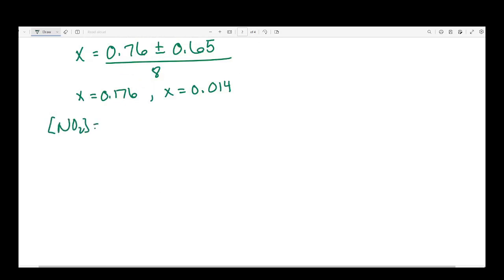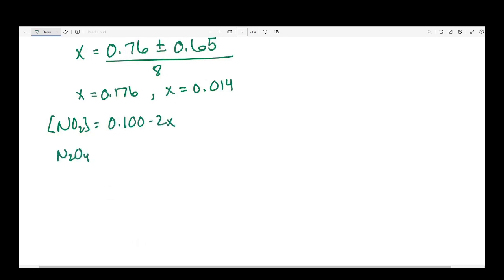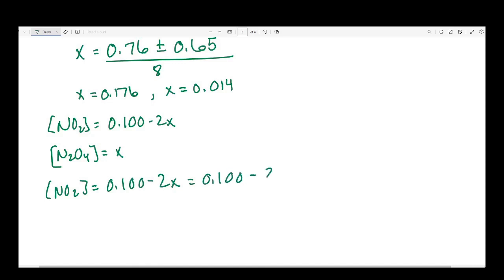So if X is 0.176, then our NO2 concentration equals 0.100 minus 2 times 0.176, so that will give us negative 0.252. We can't have a negative concentration. Because of that, this value is not valid, so our X equals 0.176 is not valid.